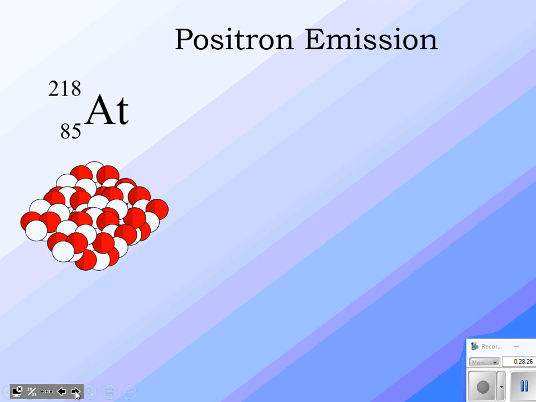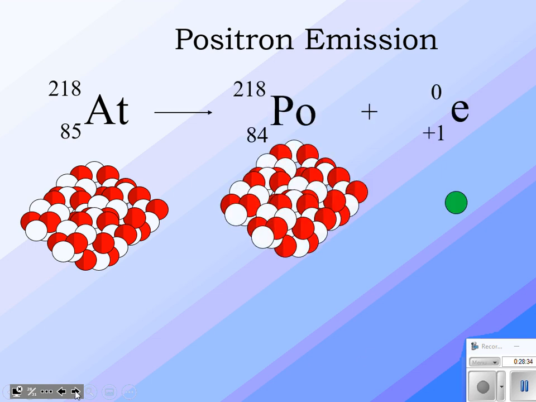So when I do positron emission, here's that astatine again. What's going to happen? Well, I'm going to have the positron, and I'm going to have a proton being changed into a neutron. So my 218 stays the same. I go from 85, I lose a proton to go to 84, which is polonium.